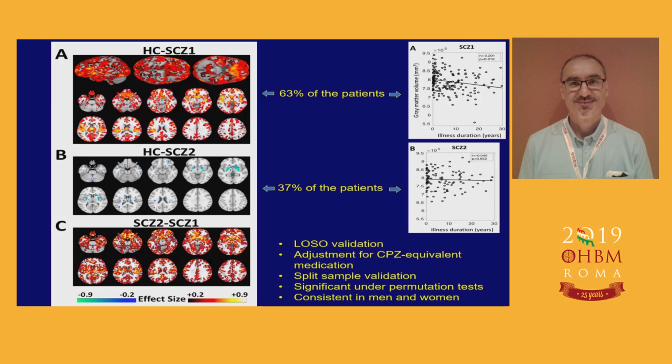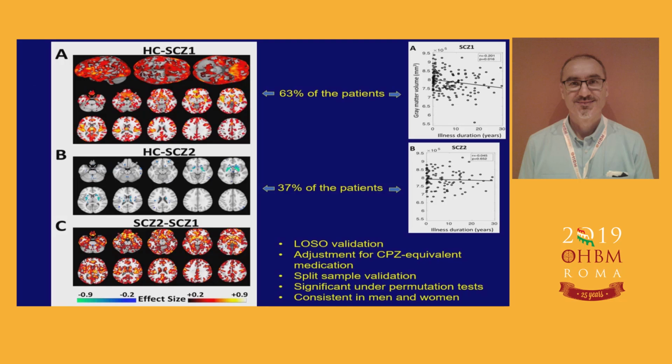Two-thirds of the patients clustered into this one, which had diffuse and significant volumetric reductions in a number of areas that we expected, including temporal perisylvian regions, orbitofrontal, medial prefrontal, and so forth. So this is what we expected, but it was only two-thirds of the people.